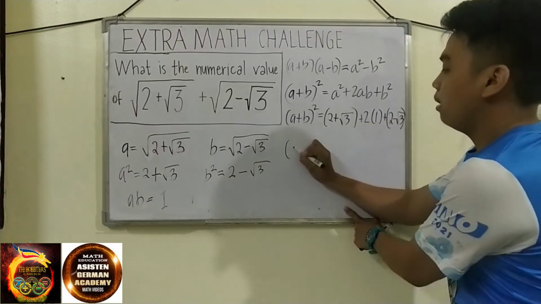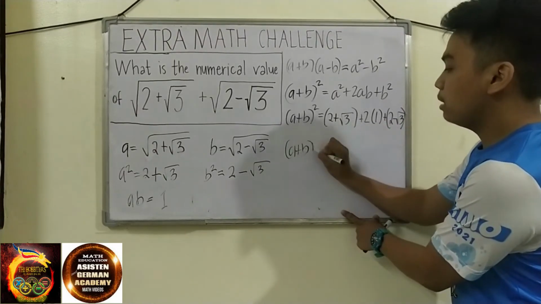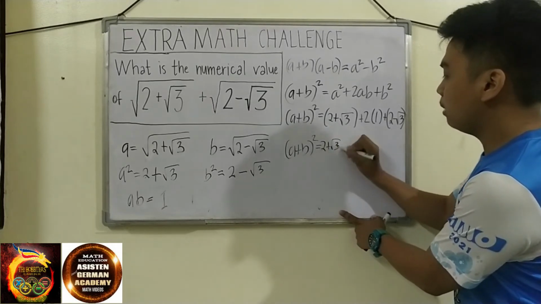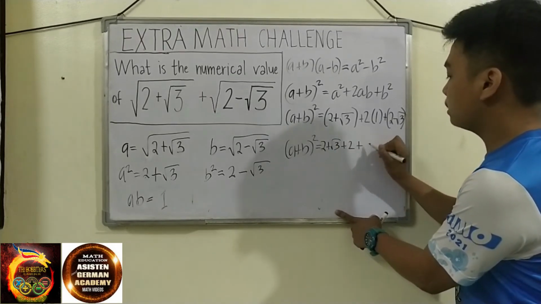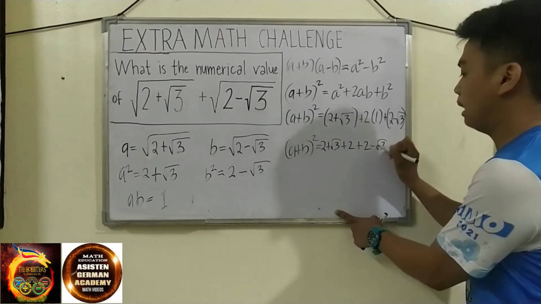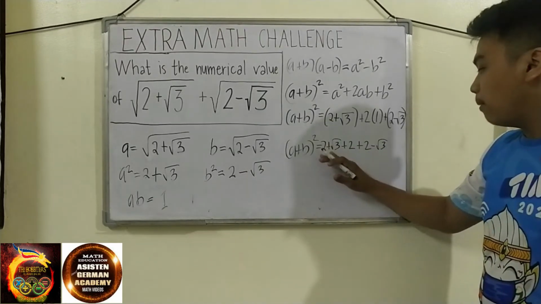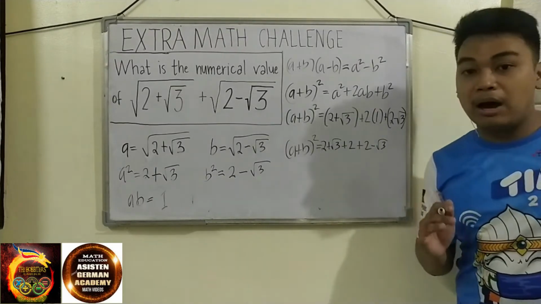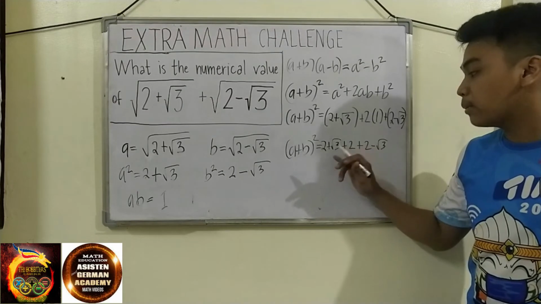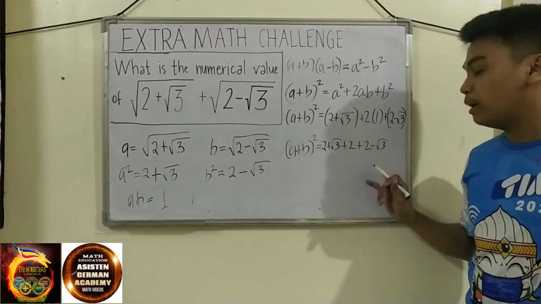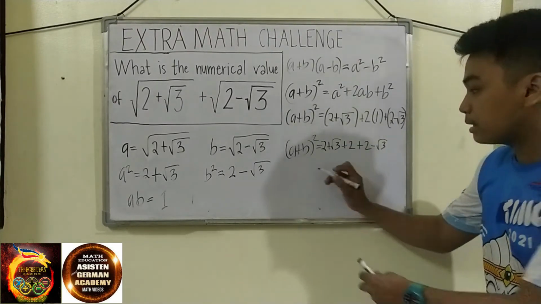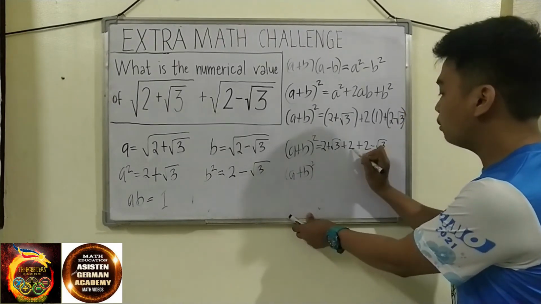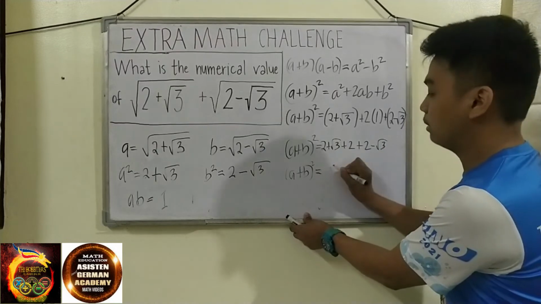So A plus B squared is equal to 2 plus square root of 3 plus 2 plus 2 minus square root of 3. And square root of 3 and negative square root of 3 will cancel out, because if you add square root of 3 and negative square root of 3, that is equal to 0. So what is left is 2 plus 2 plus 2, and that is equal to 6.